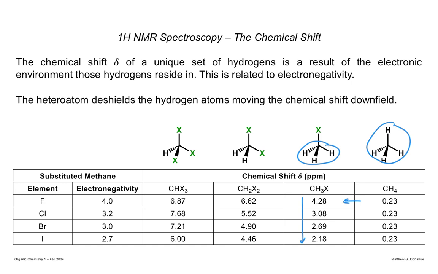So what about if you take another H and you substitute for a second halogen? So we're looking at those two hydrogens. So 4.28 minus 0.23 is like 4.05. Notice the difference here, 6.62.